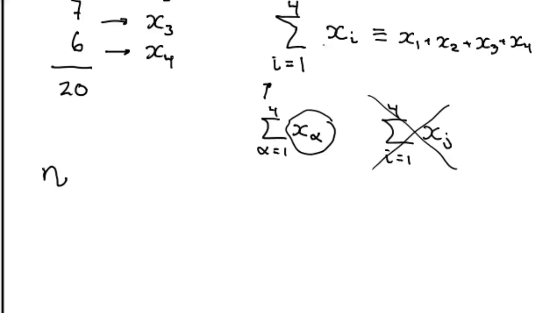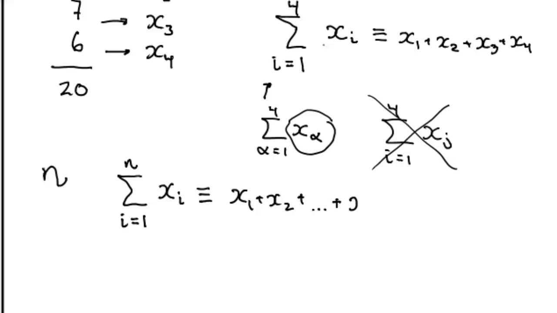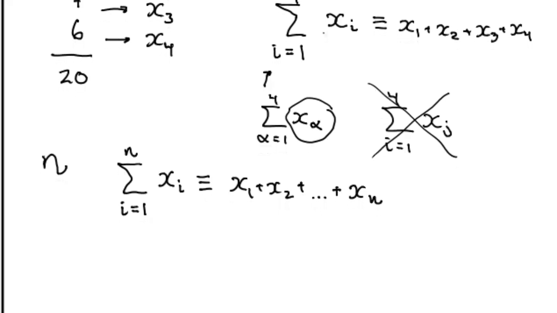The general sum of n numbers is then written as sum i goes from 1 to n xi, and that can be written as x1 plus x2 plus adding numbers dot dot dot all the way until we reach the final number, which is denoted by xn.